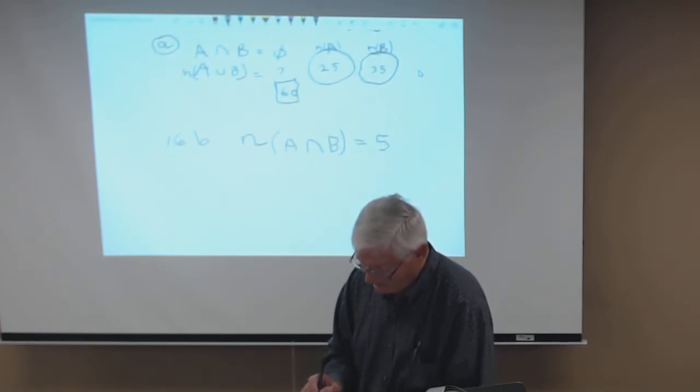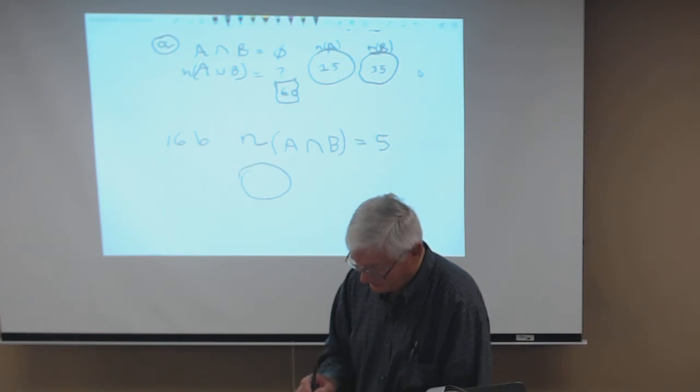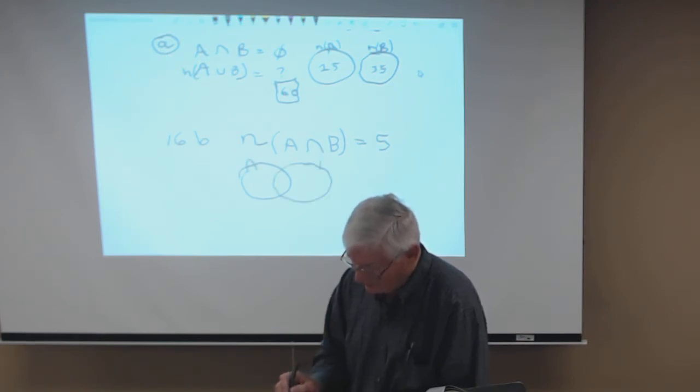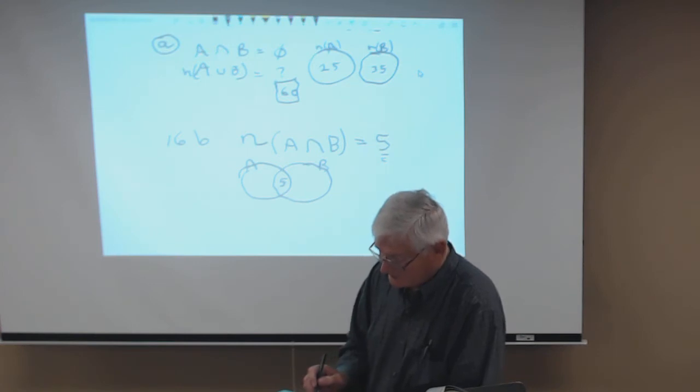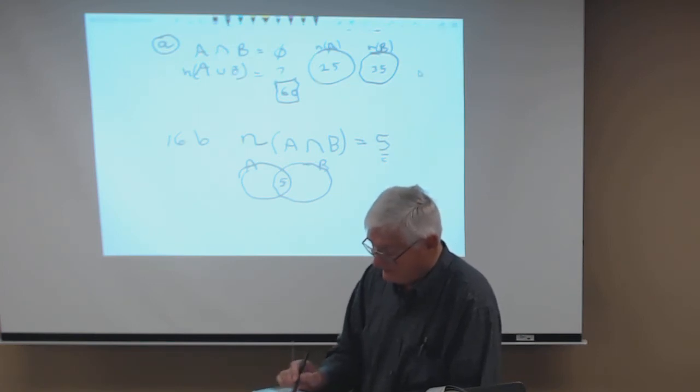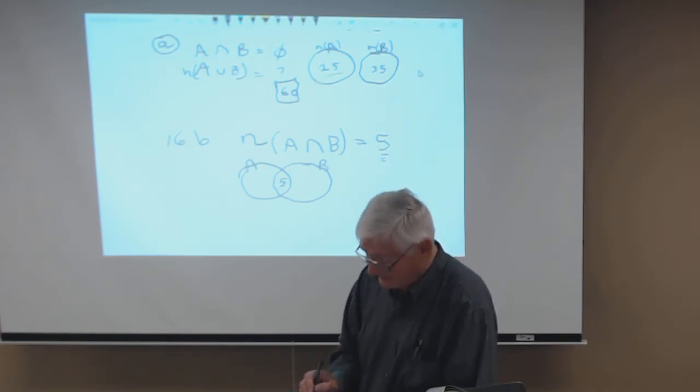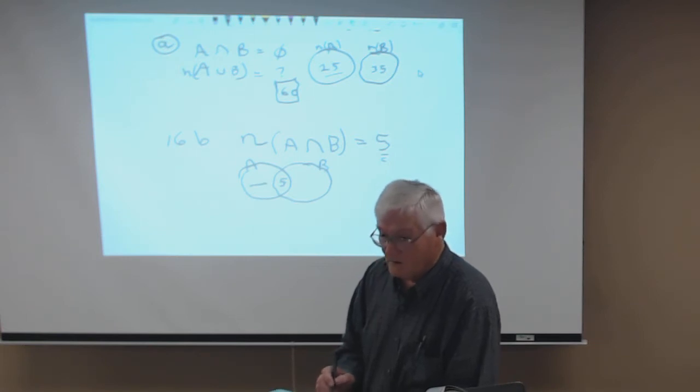So now I draw my pictures like this where the two intersect. Here's A, here's B, and what's in the intersection? 5 elements. If there are 5 elements in the intersection, then how many are left outside here? 20.